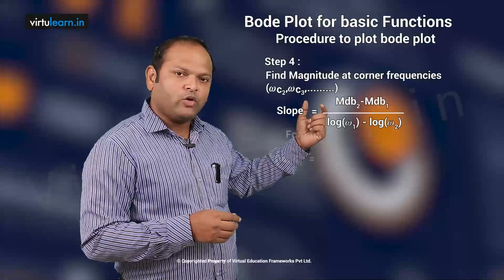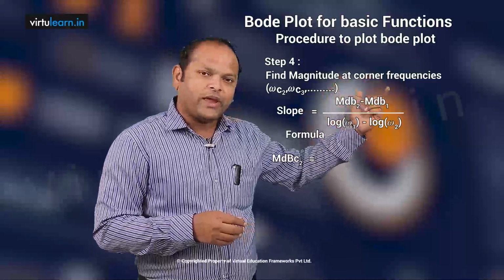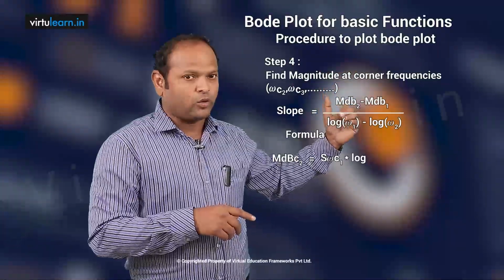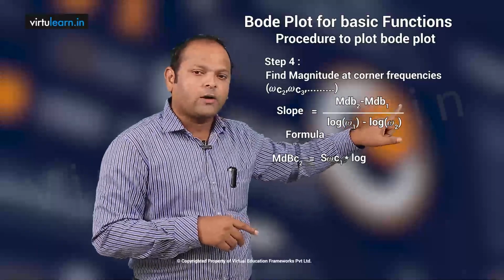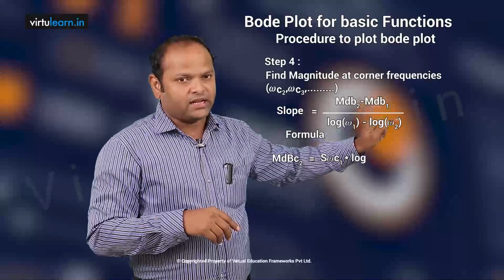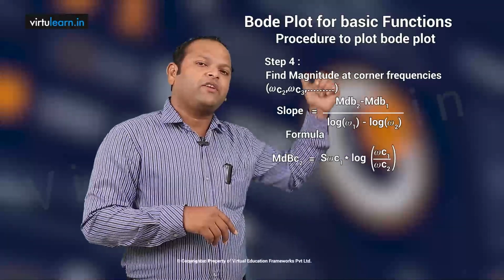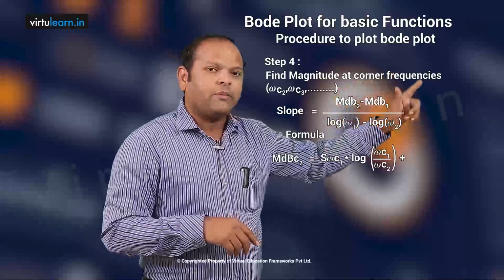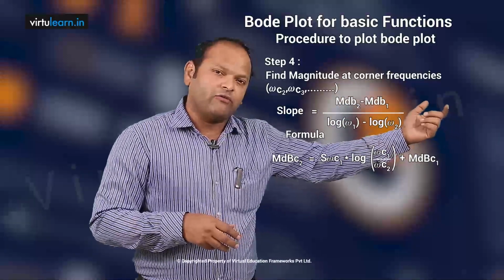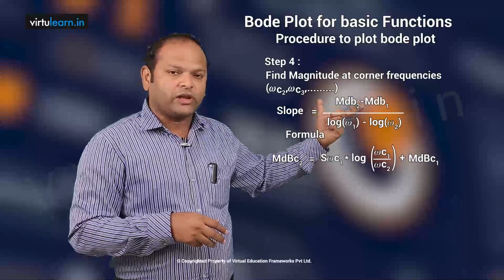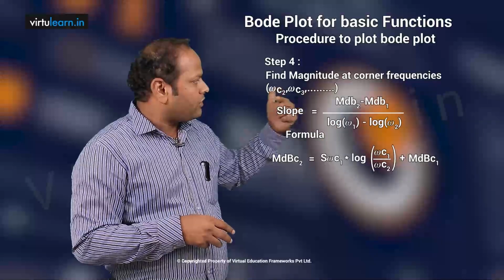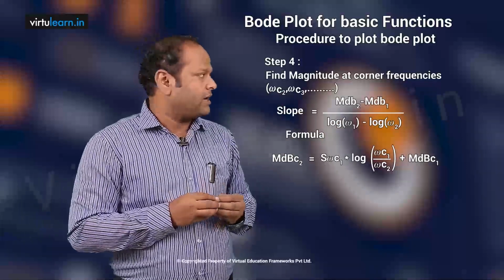MdB omega C2 is S omega C1, the slope which is there in the table, into log, and this log is always base 10, of omega C2 by omega C1, plus the previous magnitude, MdB at omega C1. We have the value of MdB at omega C1, and the ratio we can calculate using omega C2 and omega C1. Then you can find the MdB value at omega C2.